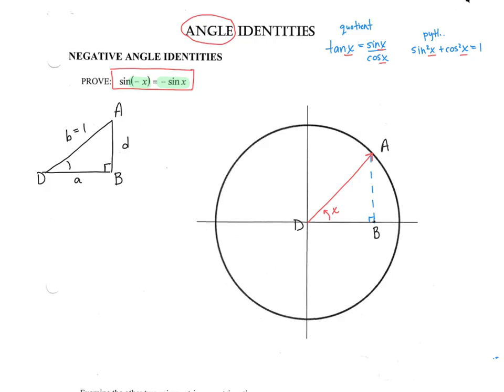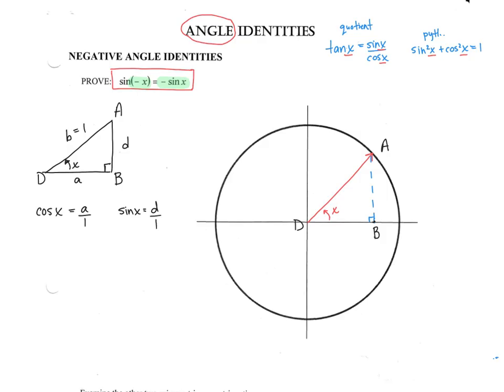So what does that mean? If I work from angle X here, that tells me that cos of x, so cos from angle x is adjacent over hypotenuse, so that's going to be cos of x equals a over 1, and sine of x is opposite over hypotenuse, so that's going to be d over 1.